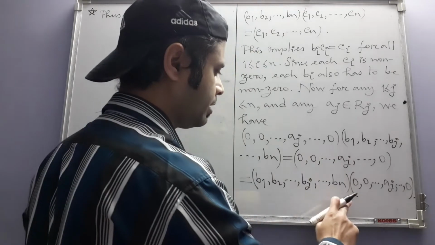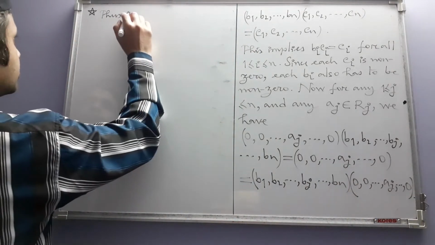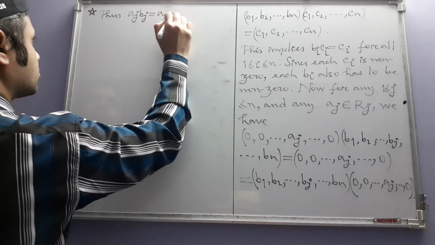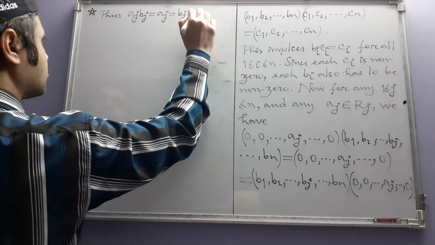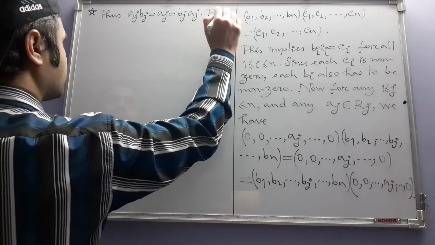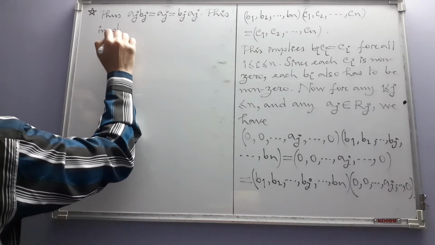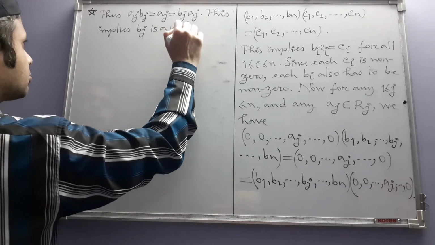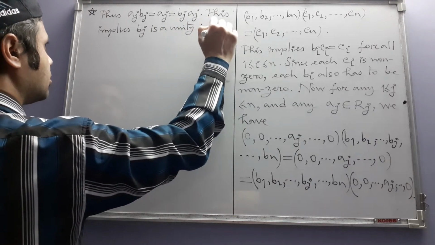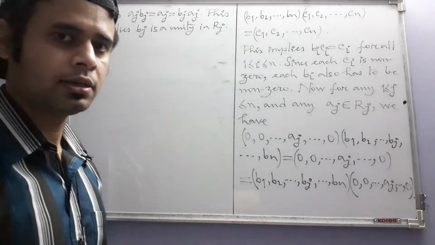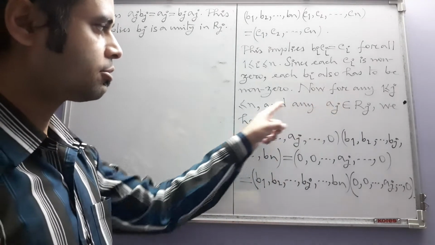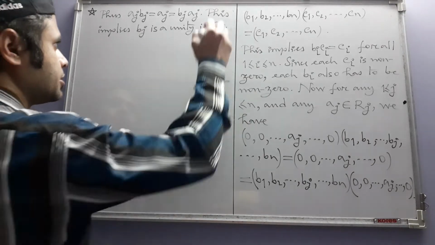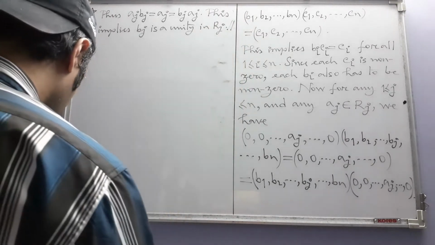Here the jth entry is aj and here the jth entry is bj aj. Thus this implies Bj is a unity in Rj. So Rj has a unity, and since j was chosen to be any integer between 1 and n, each Ri has a unity, so that is the converse, and this completes the solution.